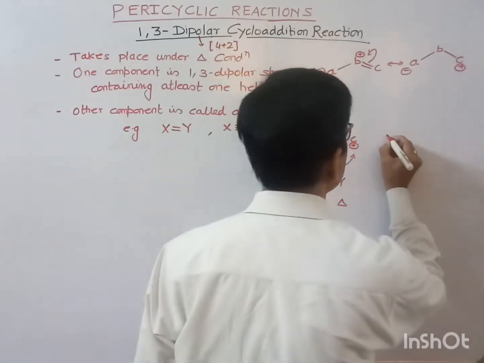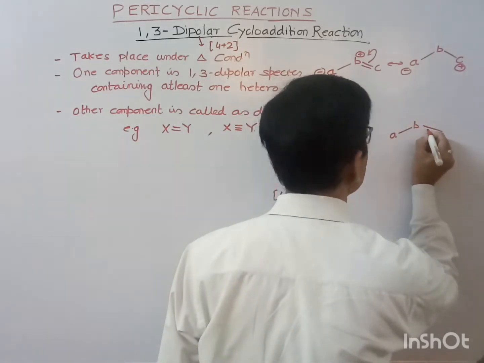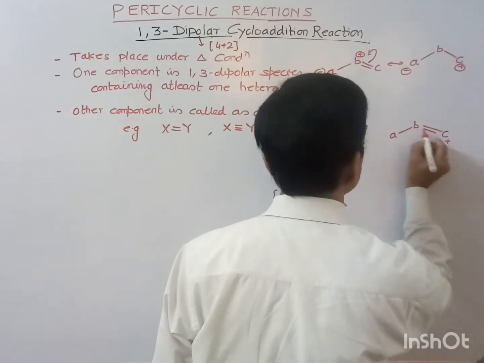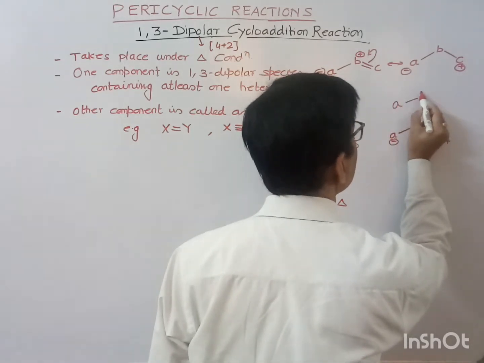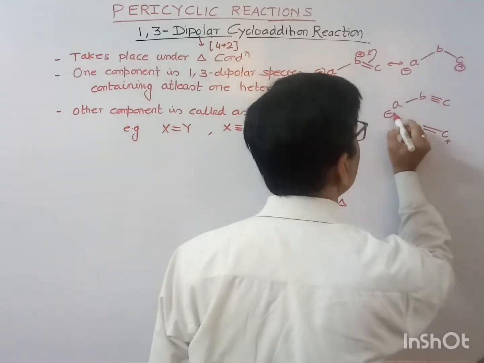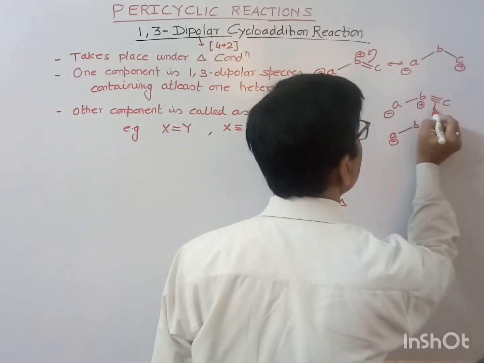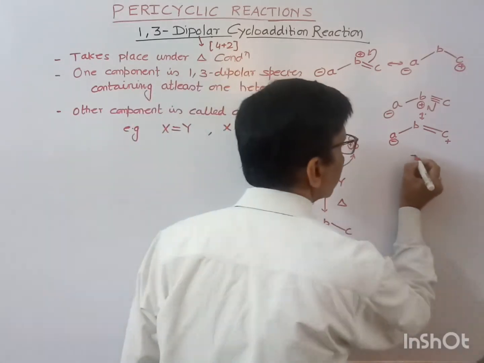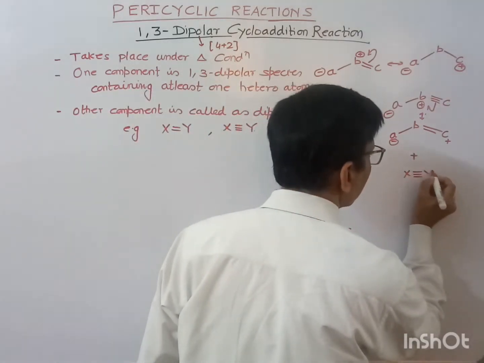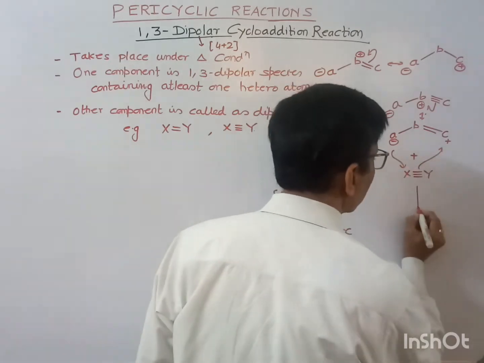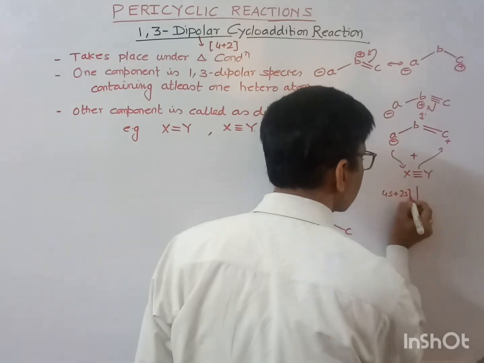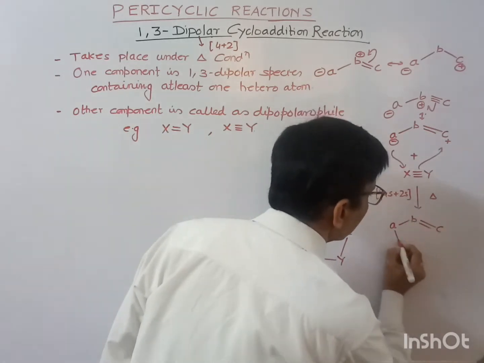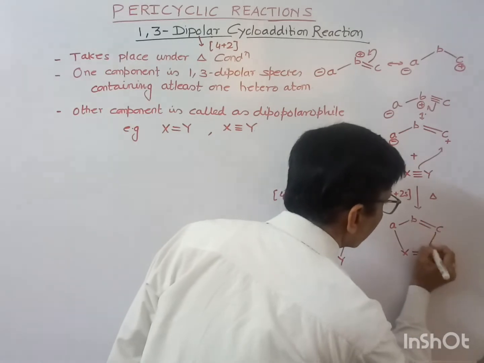In the same way, suppose we have another 1,3-dipolar species, and it may combine with a dipolarophile and undergo a 4+2 cycloaddition reaction, that is a 4s plus 2s suprafacial interaction, and you will get a 5-membered heterocyclic compound like this.